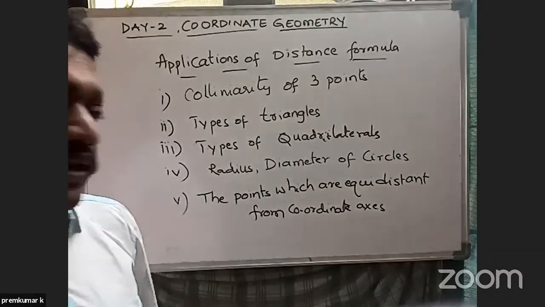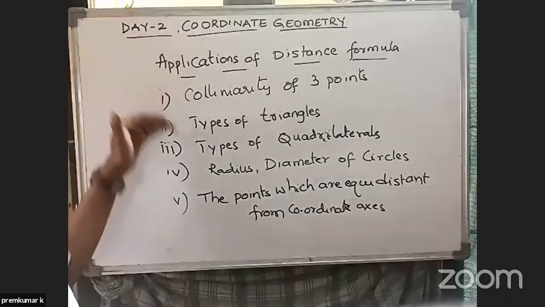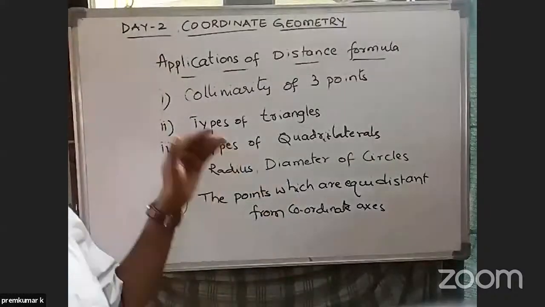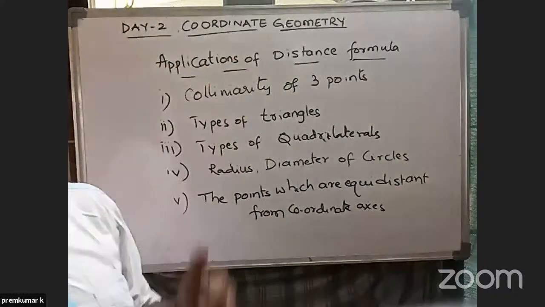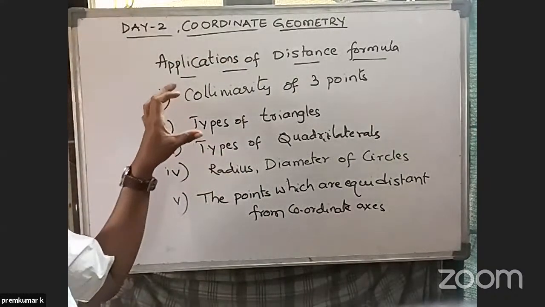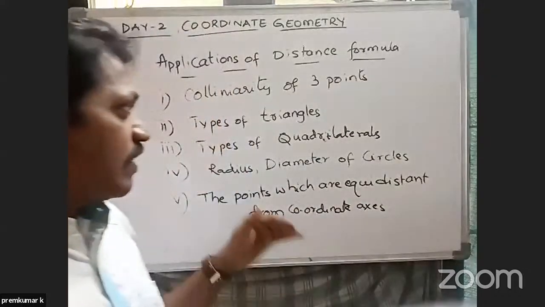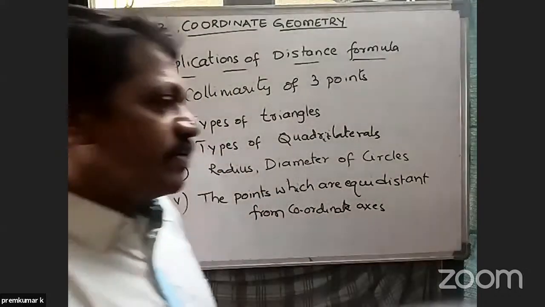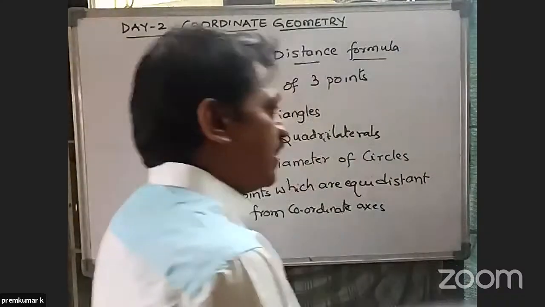And more we will discuss. These 5 concepts are the applications of the distance formula. You have to write them down in your notes. After that, we will discuss them one by one sequentially.